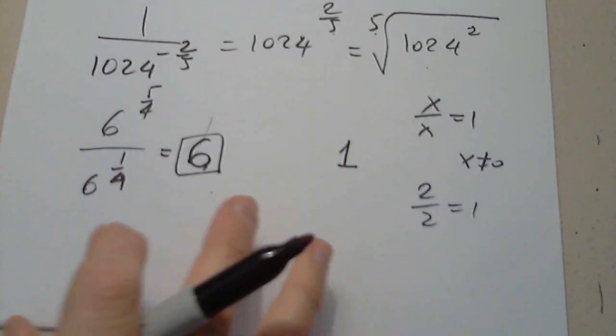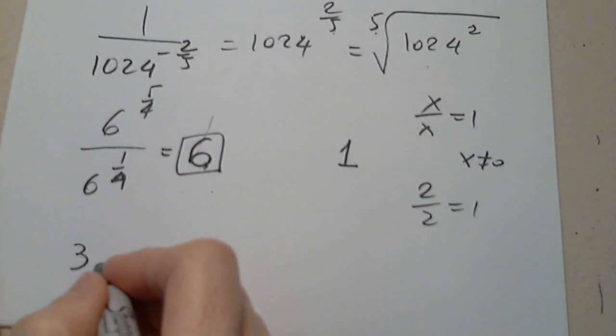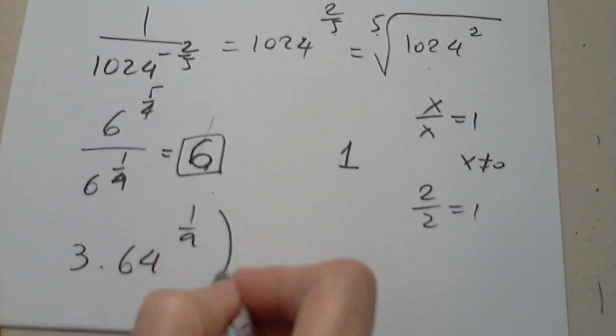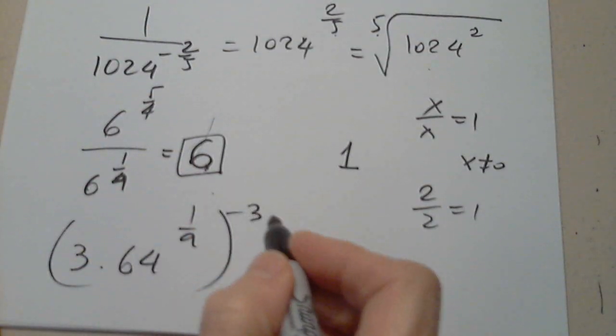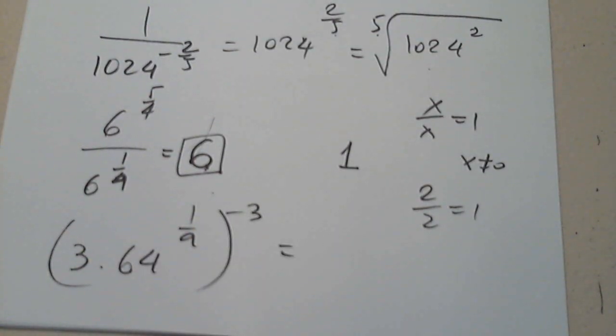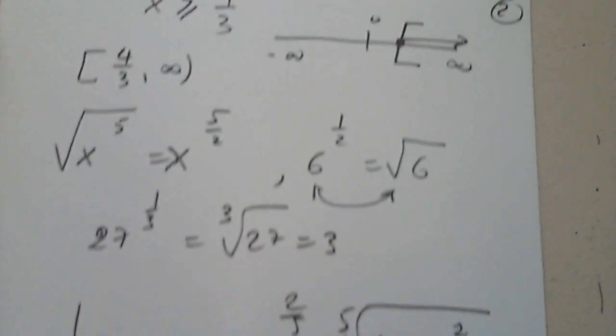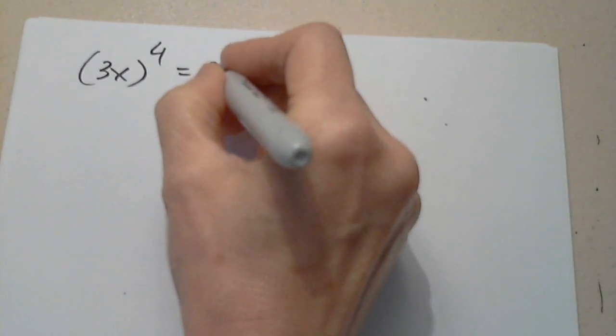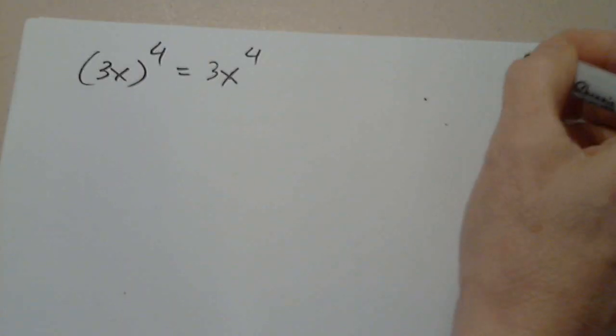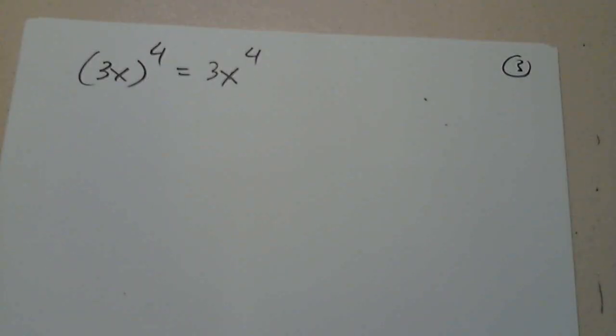Okay, many of you forgot something very important. So this is an example. I'm going to come back to it in a second. I just wanted to say this. If you had 3x to the 4th power, you wrote 3x to the 4th power. What's wrong with this?